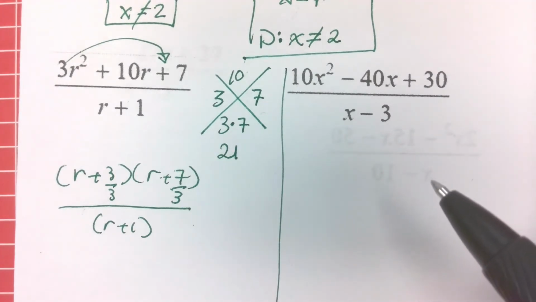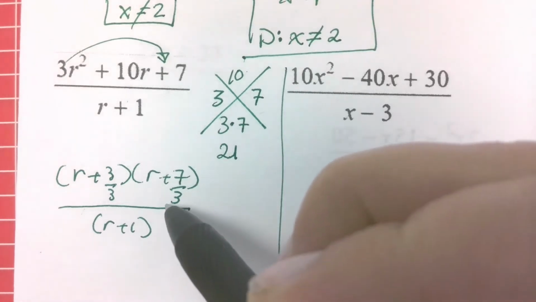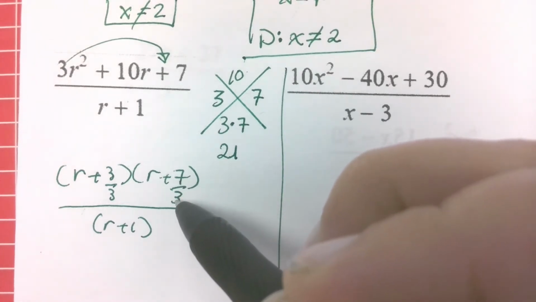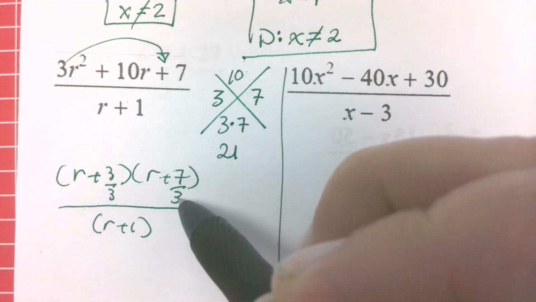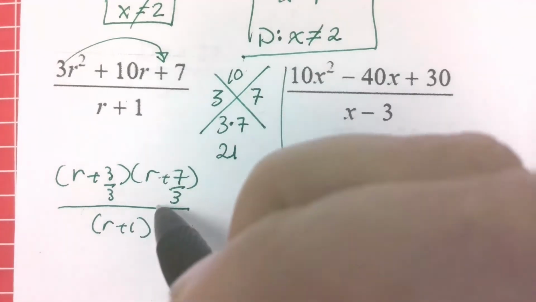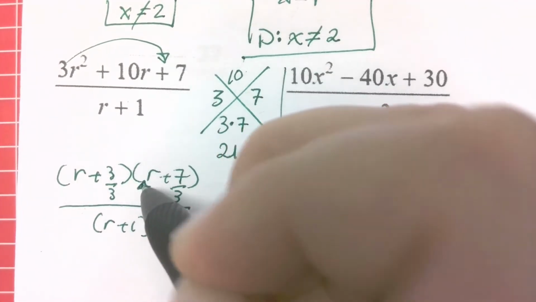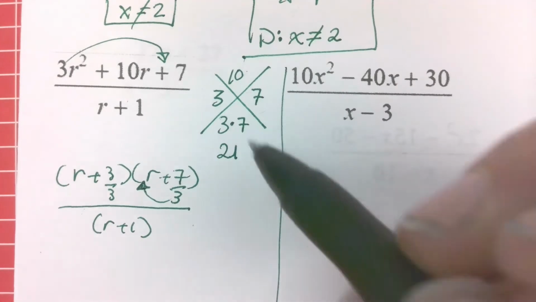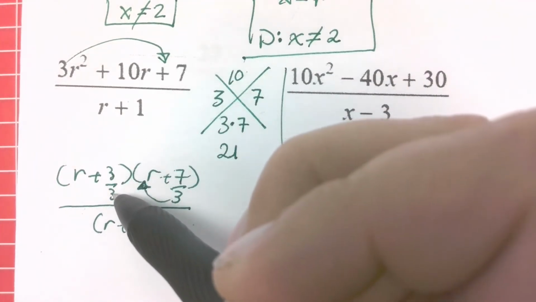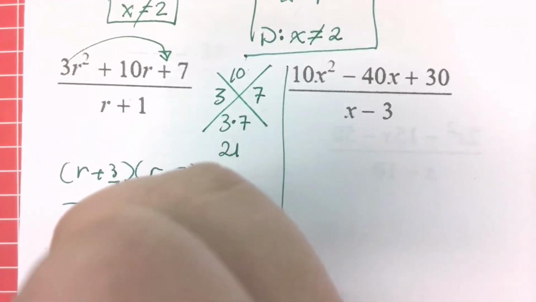That's why we're reviewing. Okay, and that 3 doesn't go in nice. So what are we going to do with it? If it doesn't go in nice, what do we do? Put it in front. You guys, what's 3 divided by 3? 1.